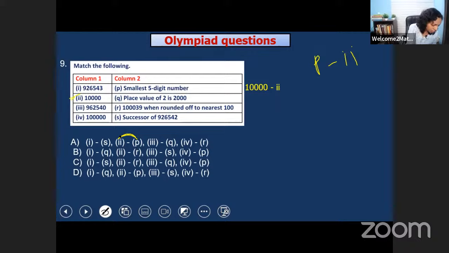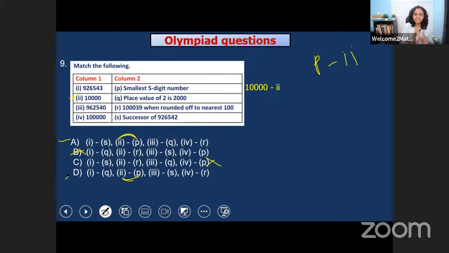In option B, we have P is equal to 4, so let's eliminate option B first. And in option C, you can also see P is equal to 4, so also eliminate this. B and C are eliminated already. Now in option D, you can see P is 2 again. So let's keep A and D.